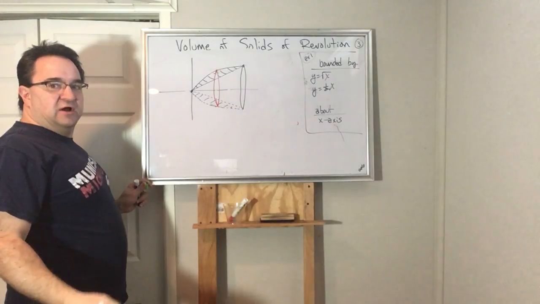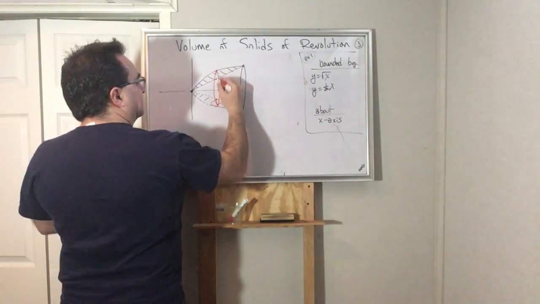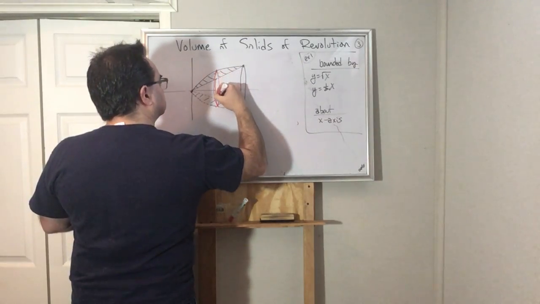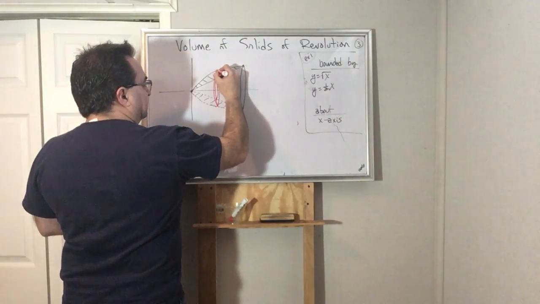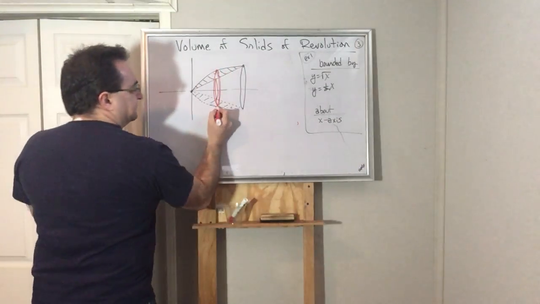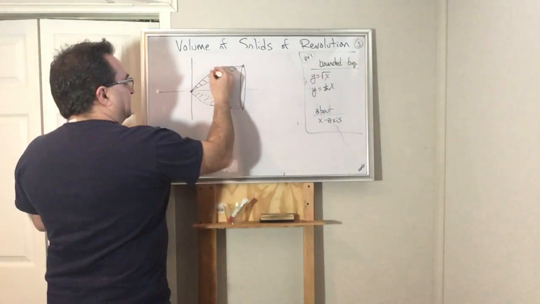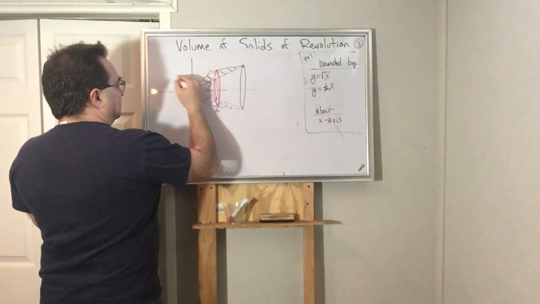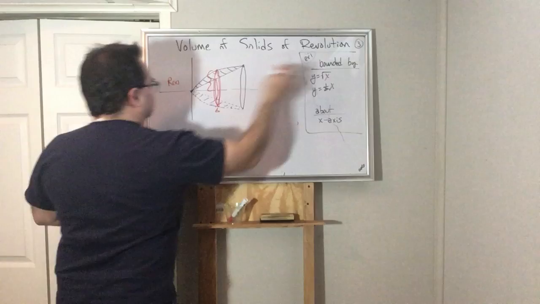Now I'm going to draw another ellipse inside of that going from the inner boundary here, and that creates a washer. I'm going to give it a little 3D look by doing this. Notice the thickness right there. That's a dx thickness. My large radius, R of x, is the curve. That's the square root.